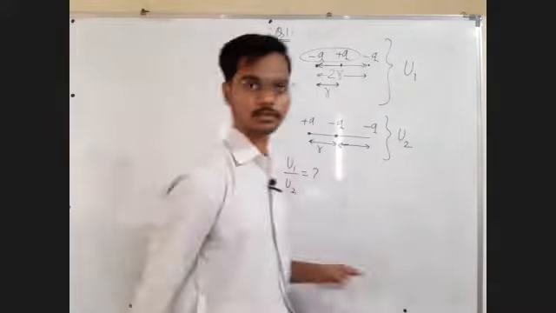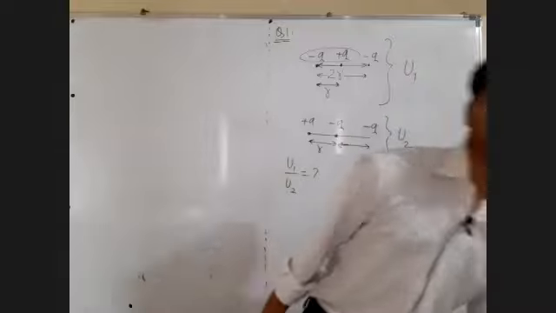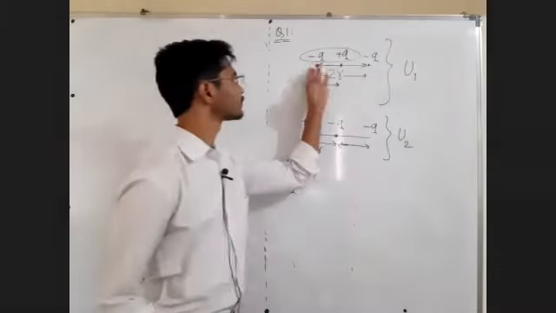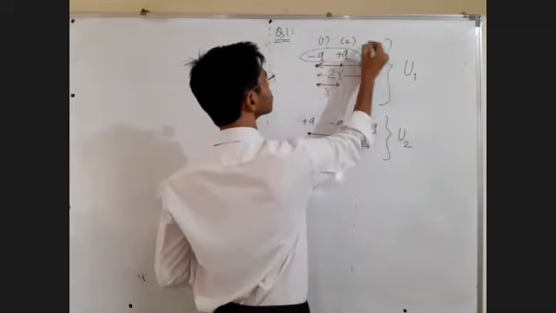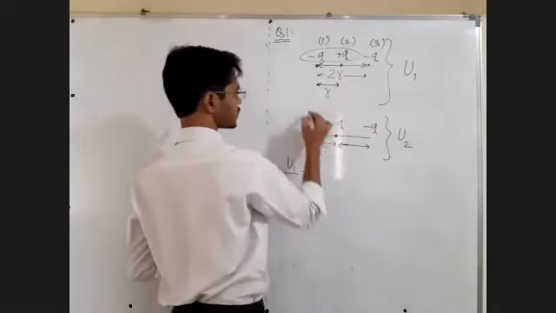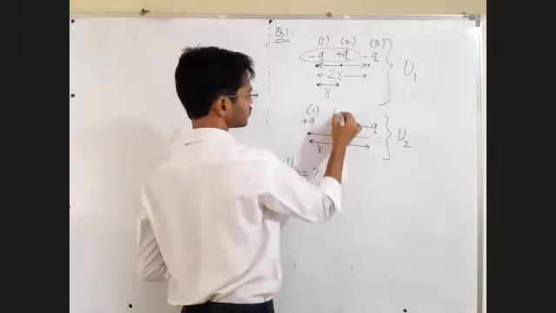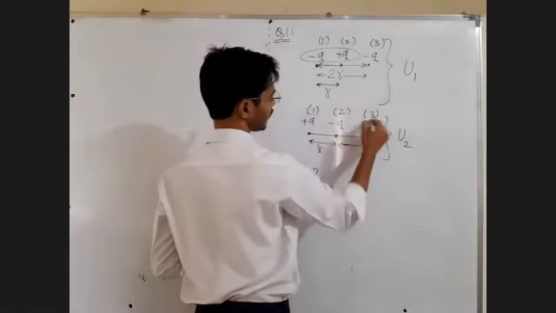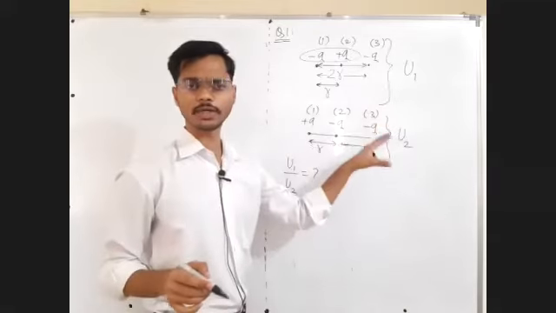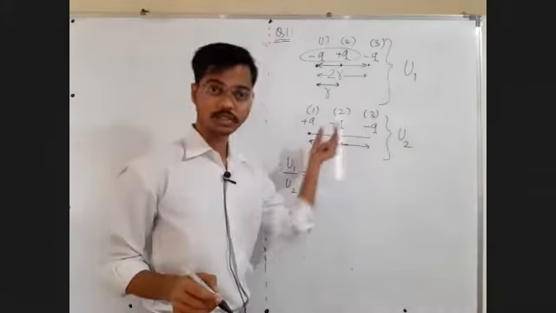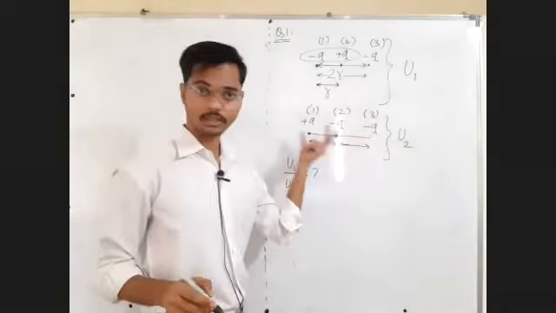Do it fast without my help. Find out U1 for the 3-point charges, 1, 2, 3. Find out U2. You know how to find the potential energy of a 3-point charge system. Initially, assume no one is present. Bring the first charge. Now bring the second charge in the field of first.